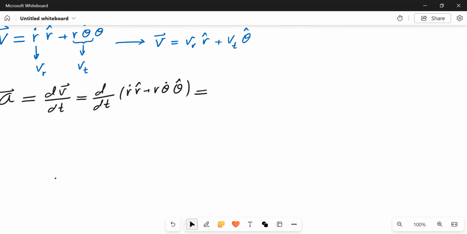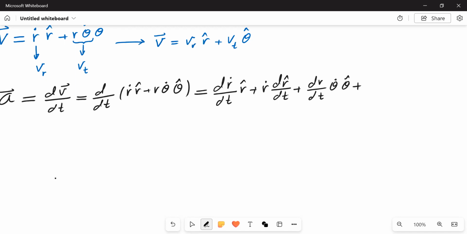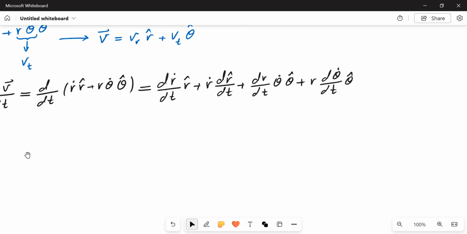So we have d r dot dt times r hat plus r dot d r hat dt plus dr dt theta dot theta hat plus r d theta dot dt theta hat plus r theta dot d theta hat dt.